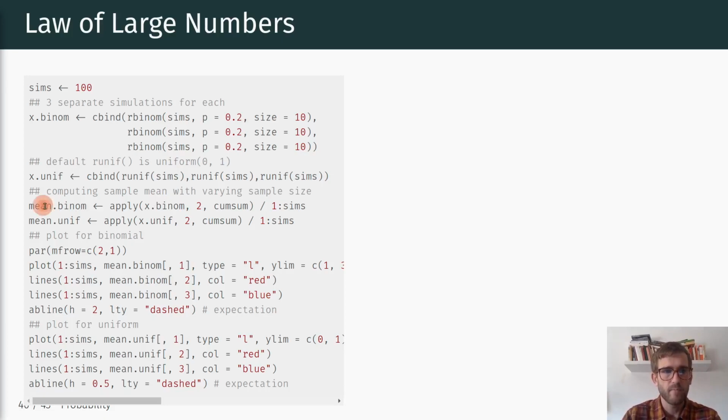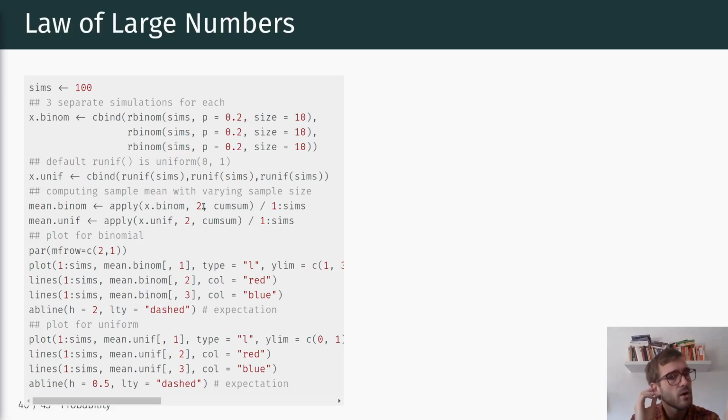Okay. And then we take our average of the binomial distribution, and we're going to go through this step by step. First, computing the average of just the first sample, then adding 2 observations, 3 observations, and so on, up to 100 observations.